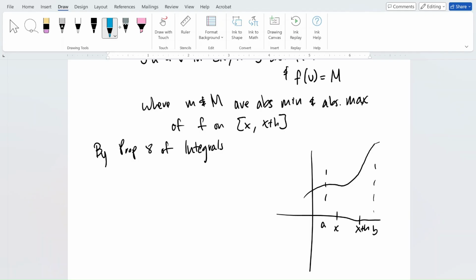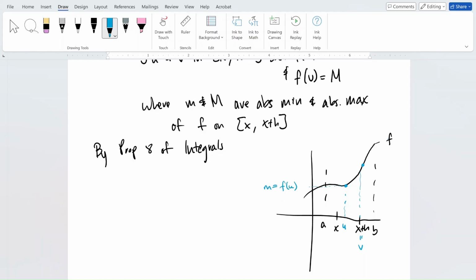The minimum looks like it happens about right there, so that would be where u is. And my maximum is right there, so v in my diagram happens to be exactly where v plus h is. If this is my function f in black, then this value is f of u, which I'm defining as lowercase m.